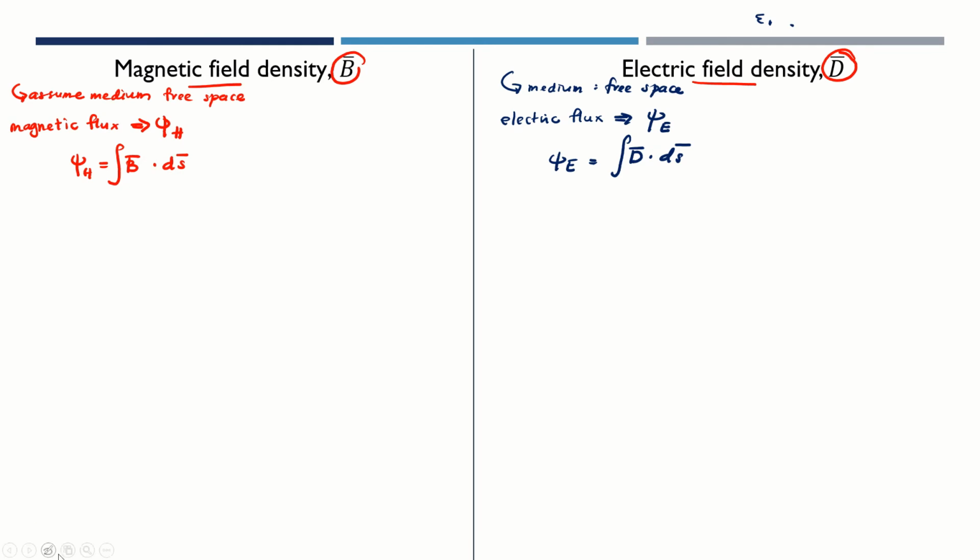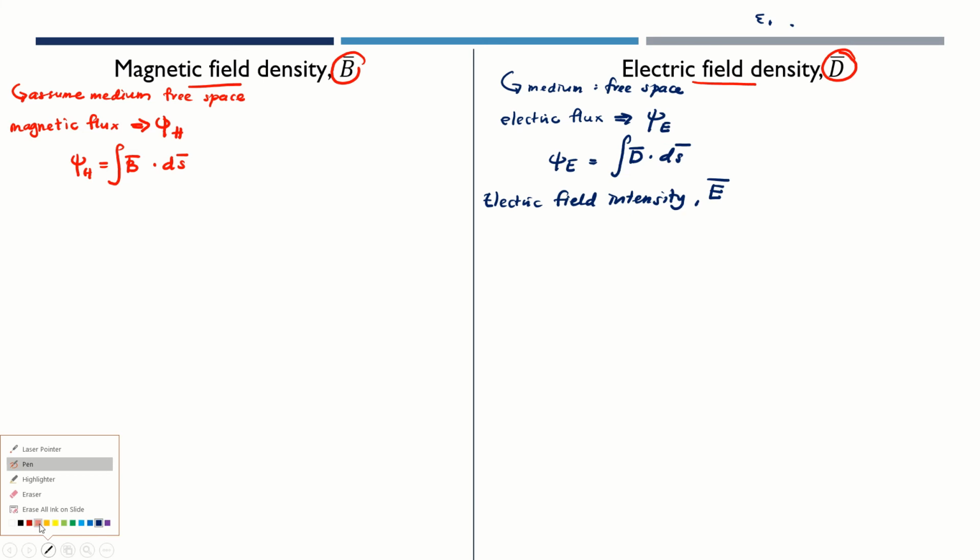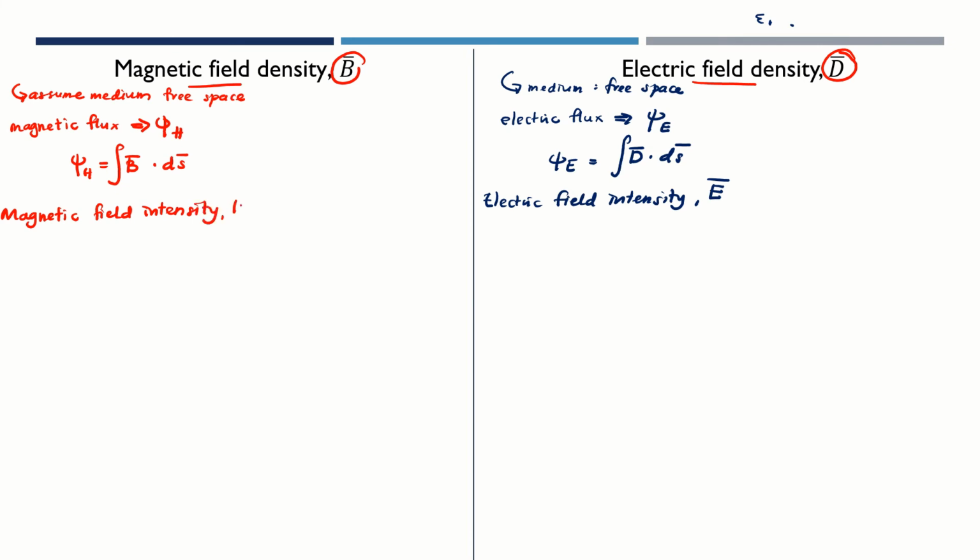Now for electric field intensity, it is represented as E, right? But for magnetic field intensity, it is represented as H, right?